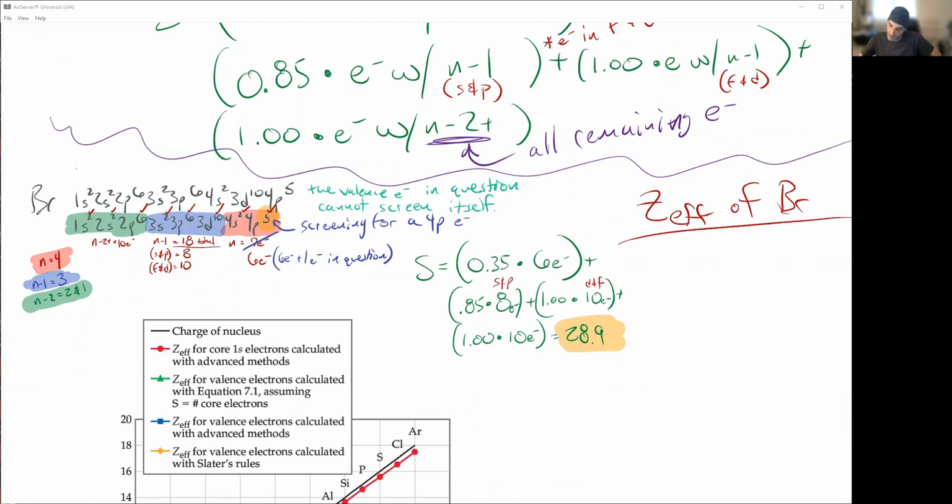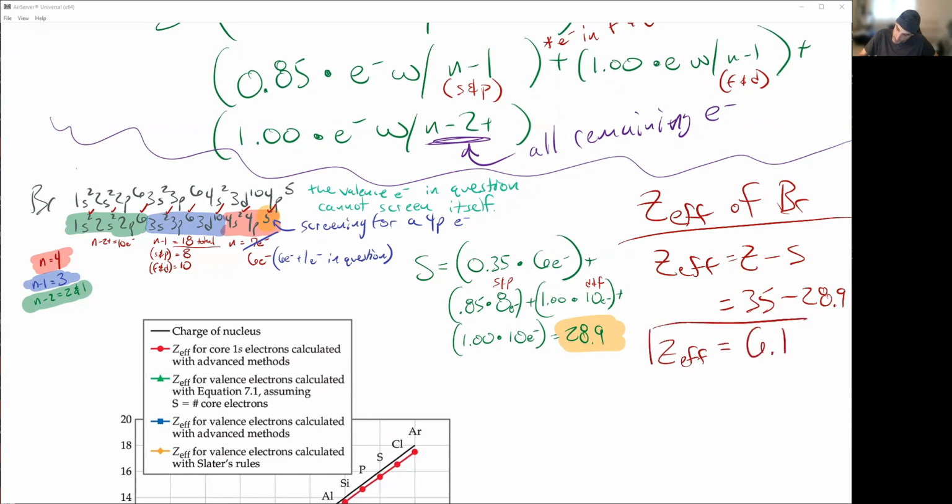So Z effective equals Z minus S. Z in this case is its atomic number of 35, minus our shielding constant of 28.9. So the Z effective is equal to 6.1. What that ultimately means is the outer electrons of bromine feel like there are 6.1 protons pulling them inward.